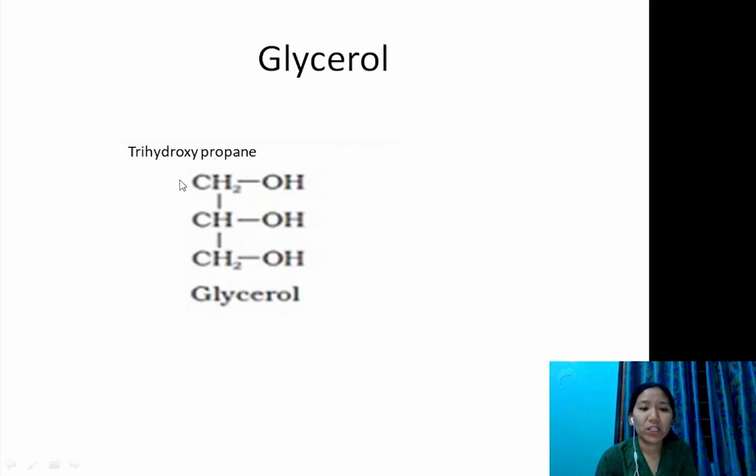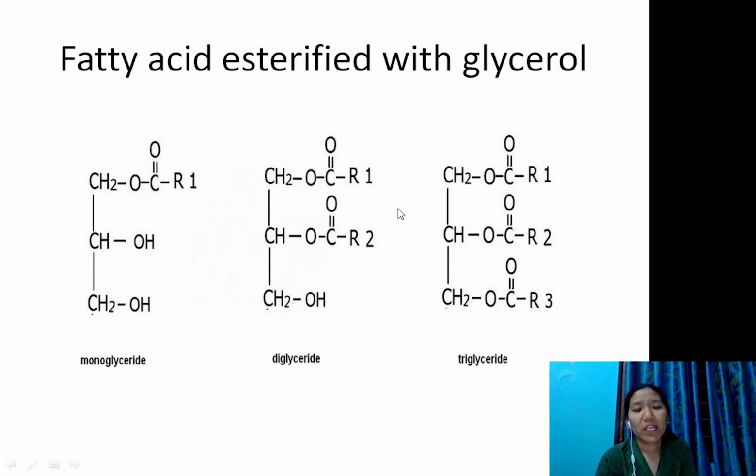The next type of lipid can be in a simple glycerol form, that is trihydroxypropane. There are 3 carbons here and then OH. And lipid can be formed as fatty acid esterified with glycerol. Here this is fatty acid R1, and this is glycerol.